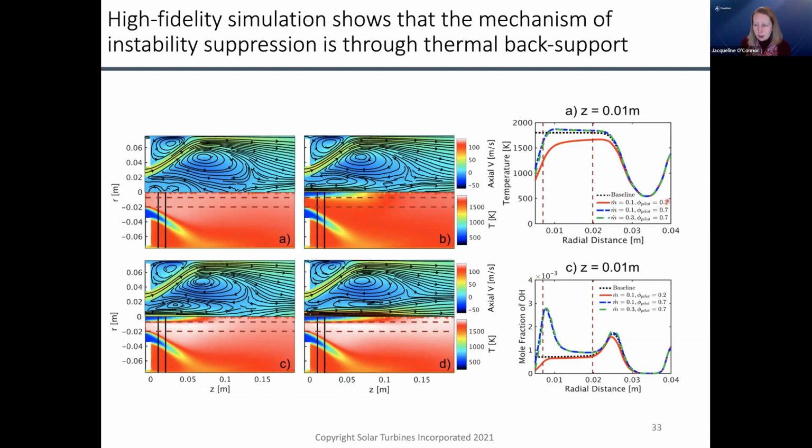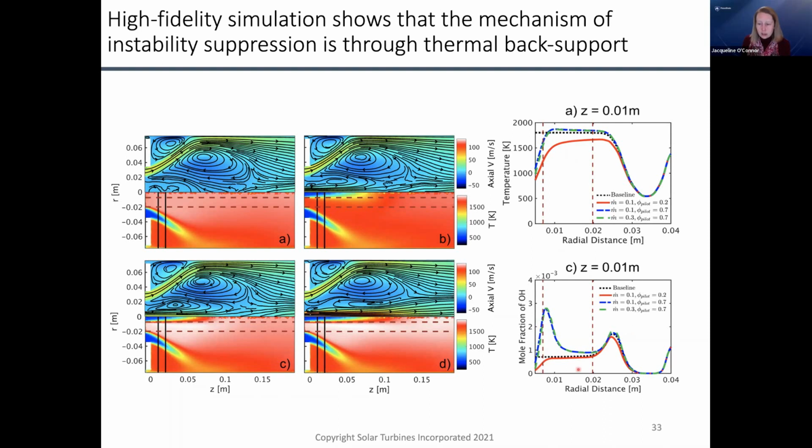The lean pilot, which is 0.2, actually cools the region behind the main flame, whereas the pilot that's just a little bit richer than the main flame actually heats it up. And you can see that in these temperature profiles here, as well as the cuts here.